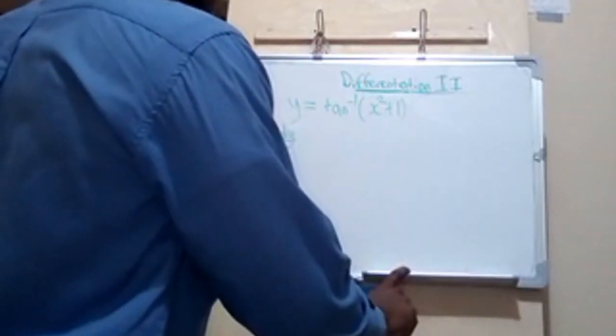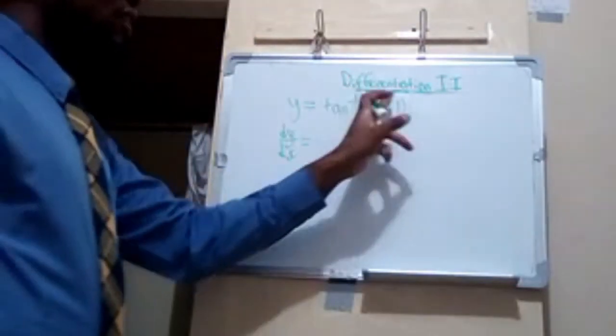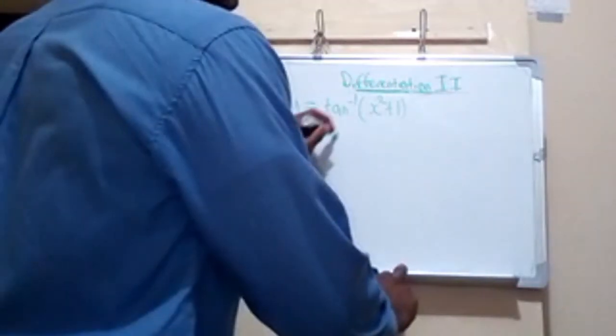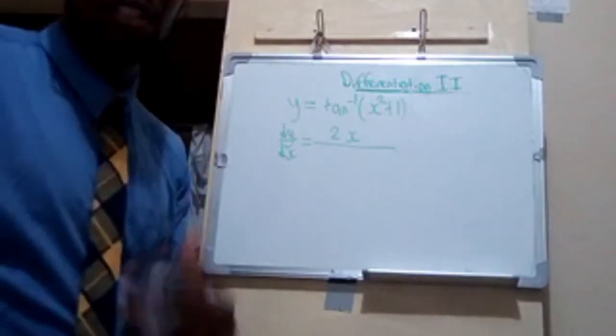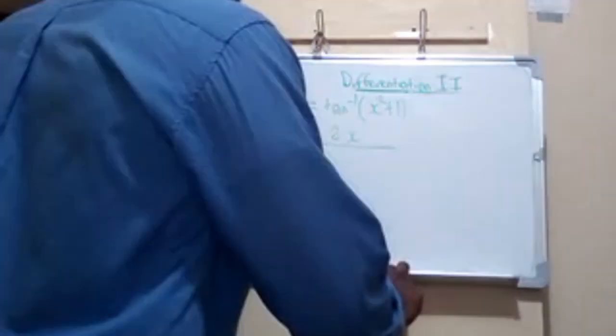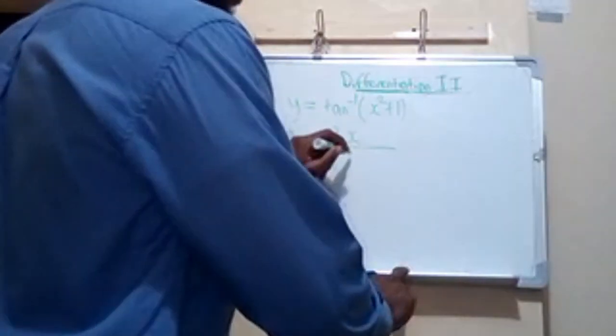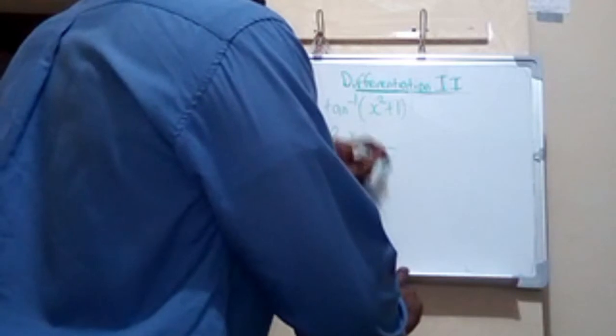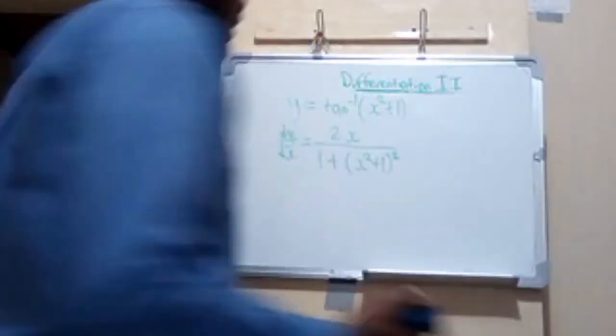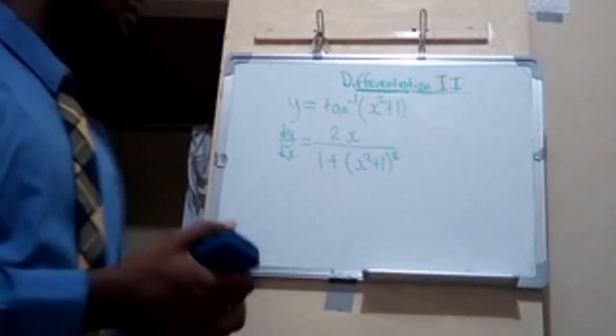Then dy by dx is equal to f prime of x, when we differentiate x squared plus 1, we get 2x, over 1 plus f of x all squared. 1 plus your f of x is x squared plus 1, then all square. And that's your dy by dx.